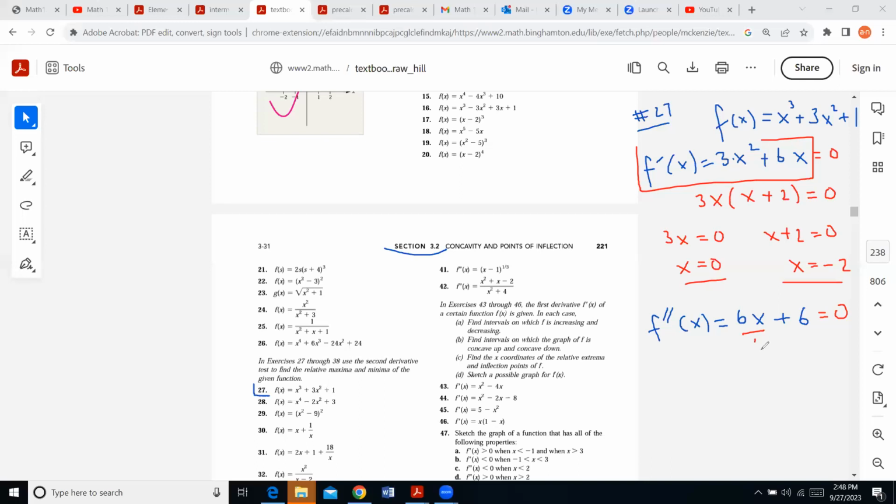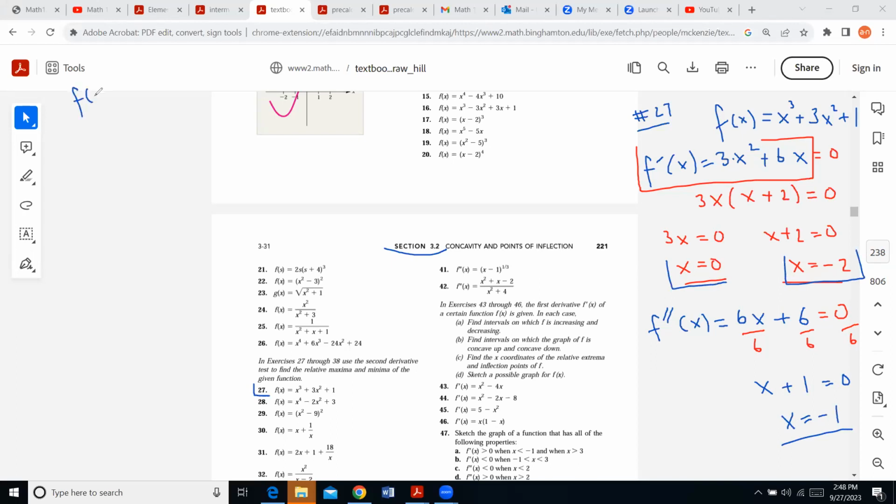I don't want to factor 6 out, I could just divide everything by 6. So we got x plus 1 is equal to 0, which means that x is equal to negative 1. So I found 3 special numbers that I need to plug into my original function f of x.